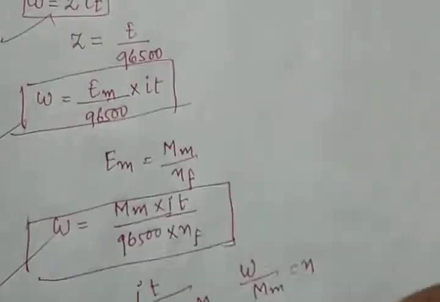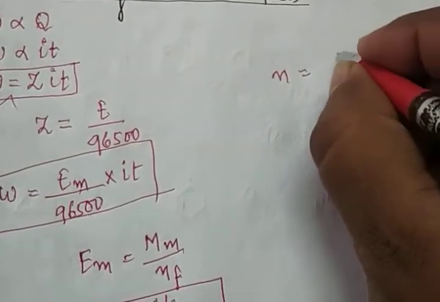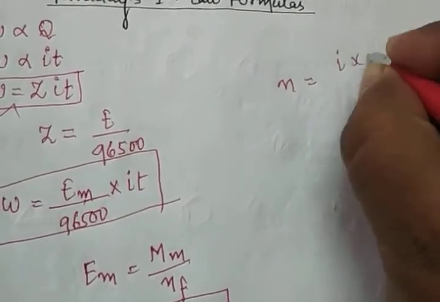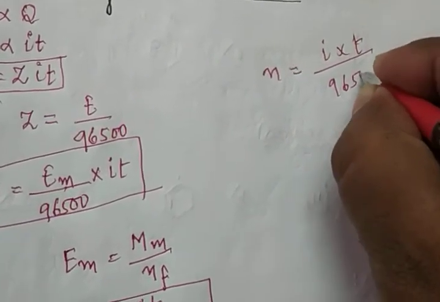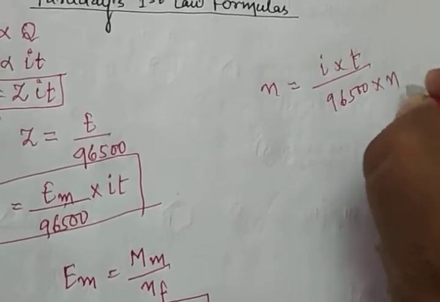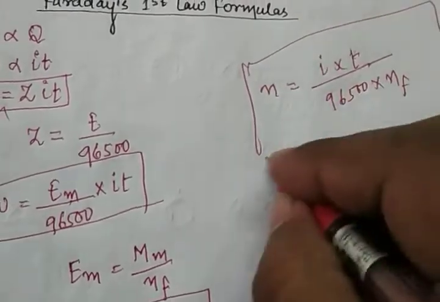Mass upon molar mass just converts to n moles. So n moles is I into T upon 96,500 into n factor. This is our fourth formula.